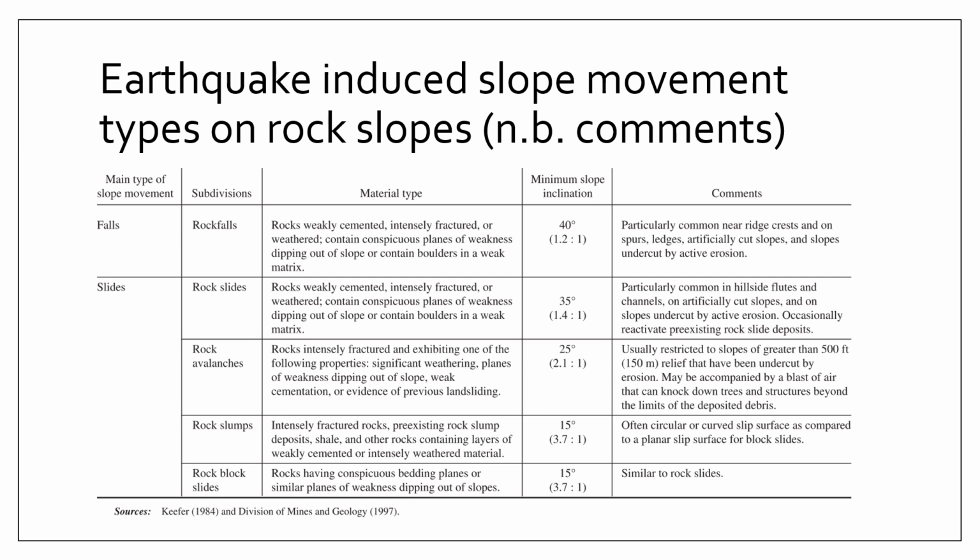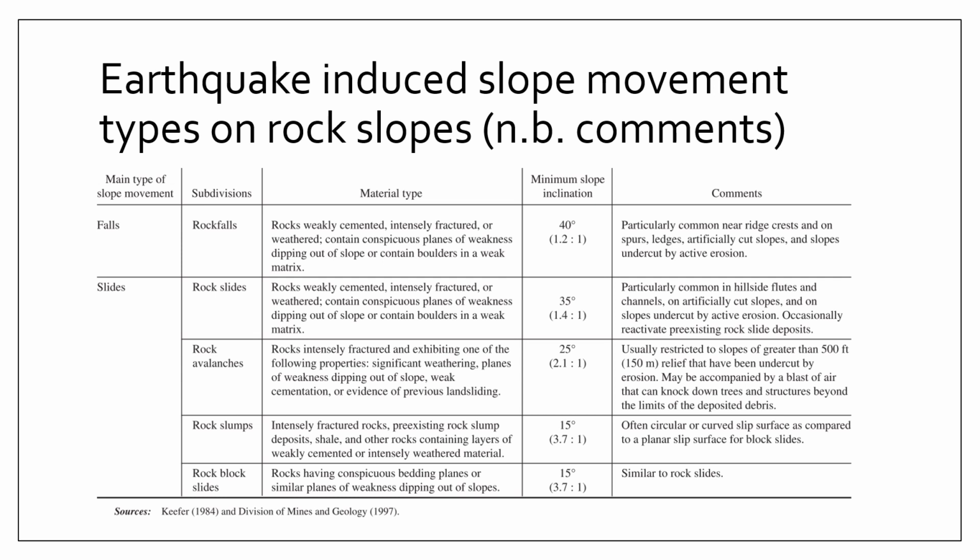And then finally, you have your rock slumps, which are actually closer to soil slumps than rock failures. I mean, rock slumps mostly involve weak rocks like shales or highly weathered rocks. All right. In an engineering sense, rock slumps and soil slumps are more or less the same.